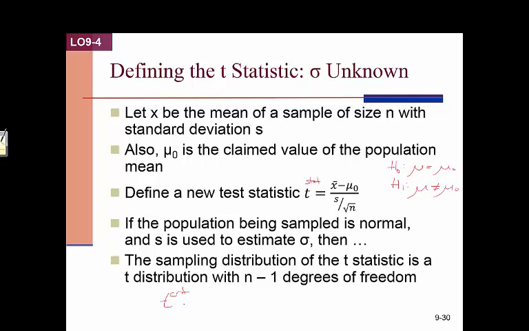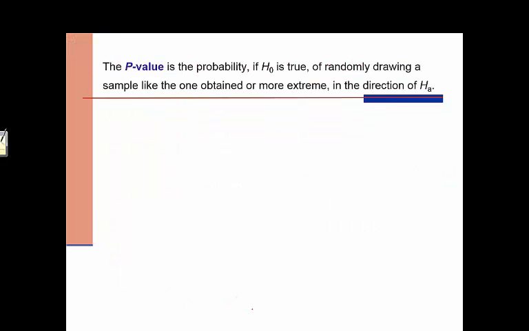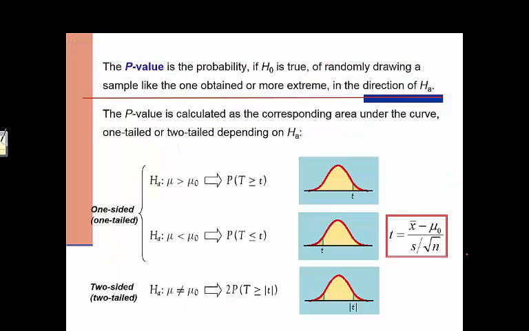If it's two-sided, t-critical uses alpha divided by 2 and the degrees of freedom, and you make your conclusion. So very similar: compute the t-statistic, find the p-value, compare the p-value with alpha, make your conclusion. If it's two-sided, make sure you add up the two probabilities to get the total p-value.